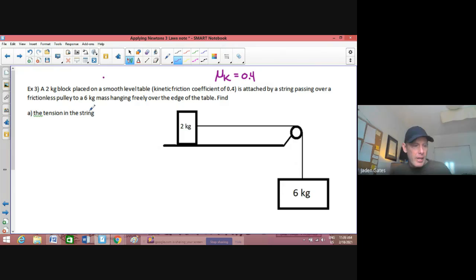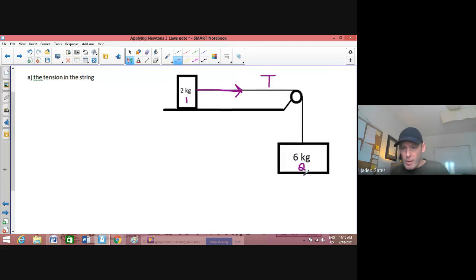Now we have 2 objects. I'm going to call this object number 1 and this object number 2. Now this tension for this block is pulling to the right, because I think we all know that this block is going to move this way, and this 6 kilogram block is going to move downwards.